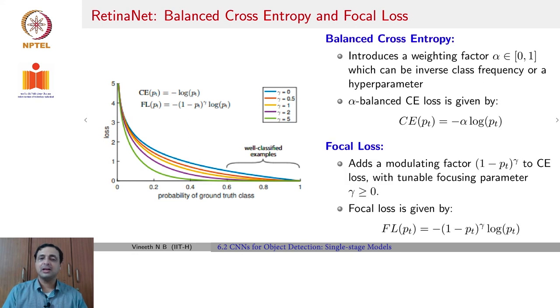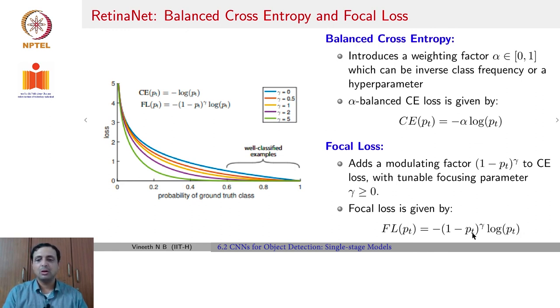But this RetinaNet method also proposes a focal loss which considers the predicted probability itself to fine-tune the loss. So you weight your log loss with (1 minus pt) to the power gamma, where gamma is a tunable focusing parameter. So gamma is a hyperparameter that you have to provide while training the network. And the final focal loss gives this quantity.